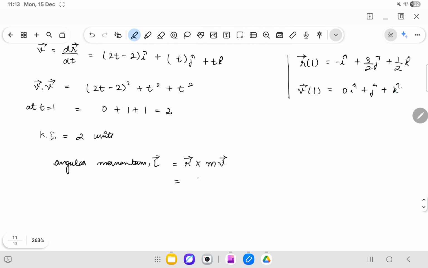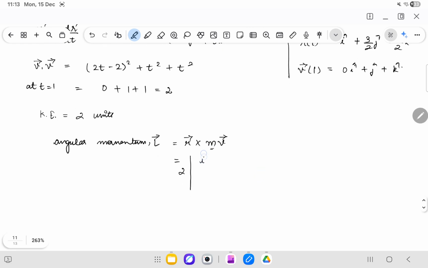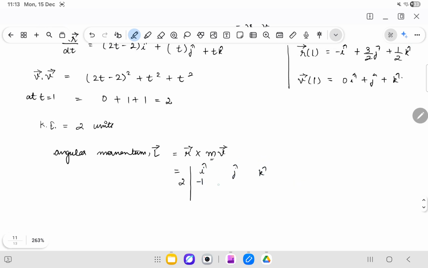Now if we evaluate it, it will be 2 times, that comes from mass. Since mass is constant, we can pull it out. So it will be the determinant of i cap, j cap, k cap; −1, 3/2, 1/2; 0, 1, 1.